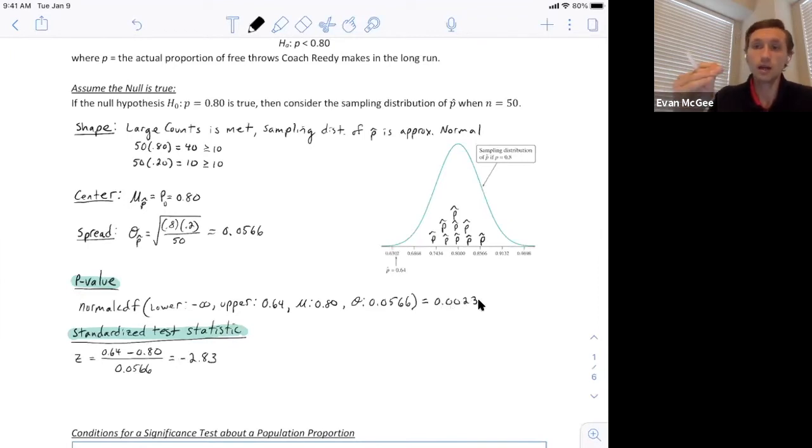But since we're going to be required to calculate the standardized test statistic, I'm going to teach you to calculate the standardized test statistic first and then calculate the p-value. So if we were to use the standardized score to find the p-value, we're going to use normal CDF from negative infinity to here with a mean of 0 and a standard deviation of 1.